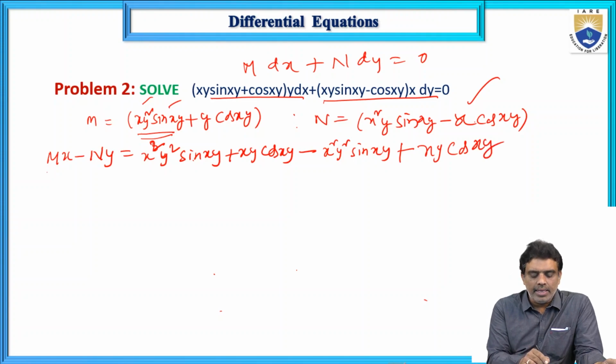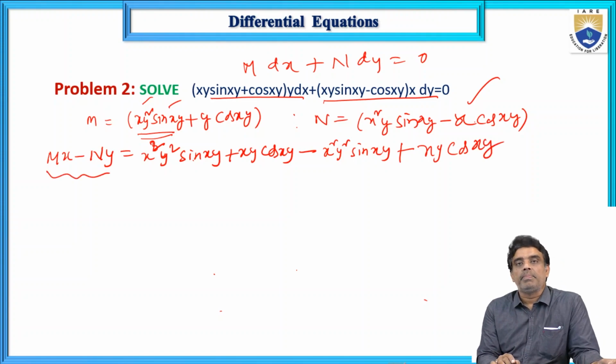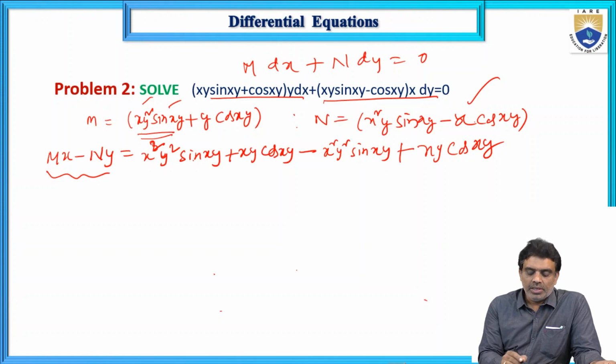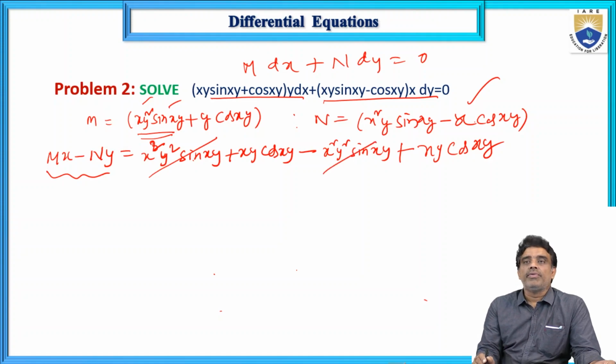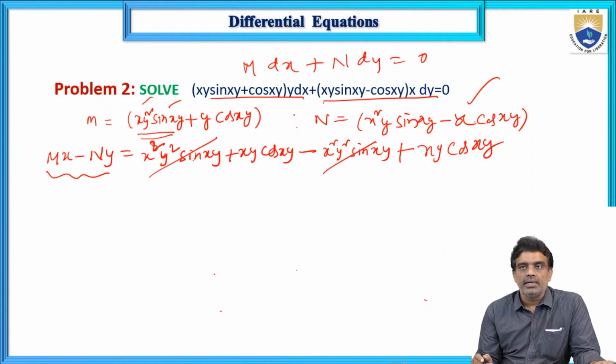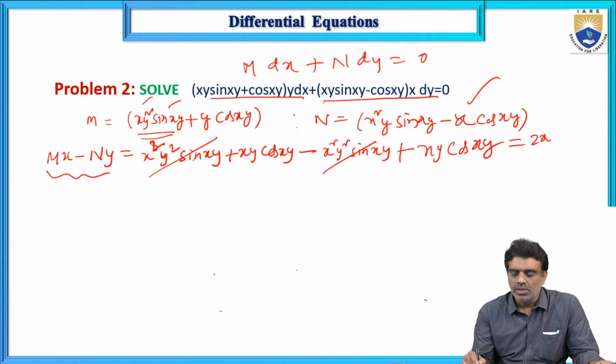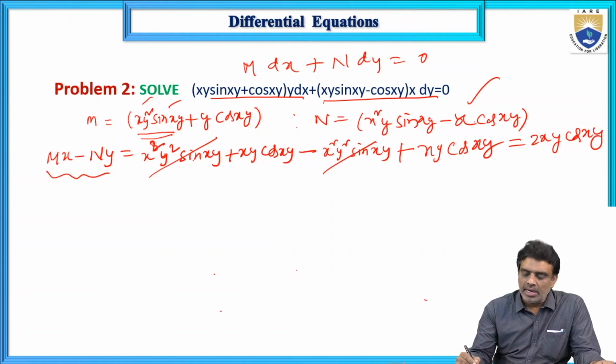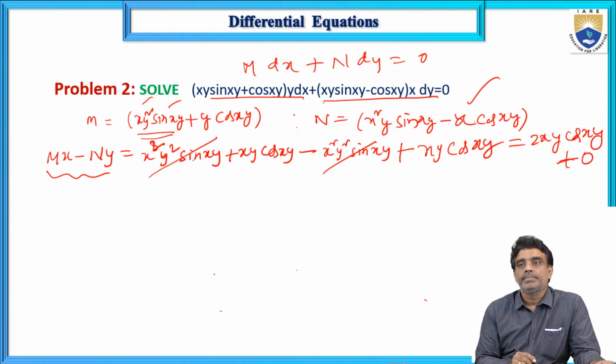So I am doing here M multiplied with x minus N with y. Here x square y square sin xy and x square y square sin xy get cancelled. So xy cos xy plus xy cos xy is 2xy cos xy. This is clearly not equal to 0.